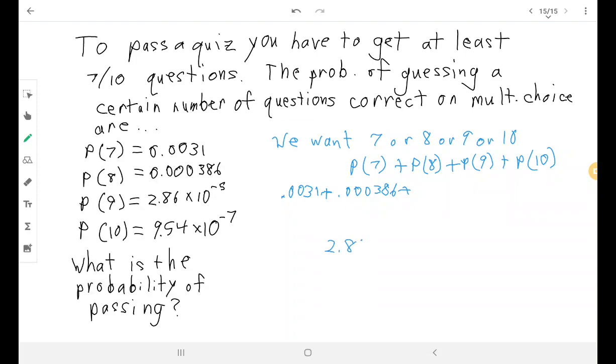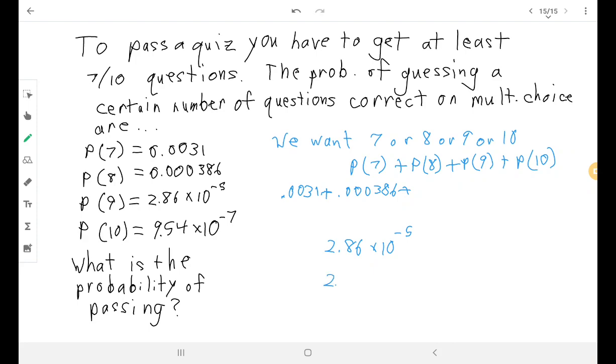To convert 2.86 times 10 to the negative 5th into a decimal, you find the decimal, and because of the negative, you're going to move it smaller, that is, so that the number gets smaller this many times.